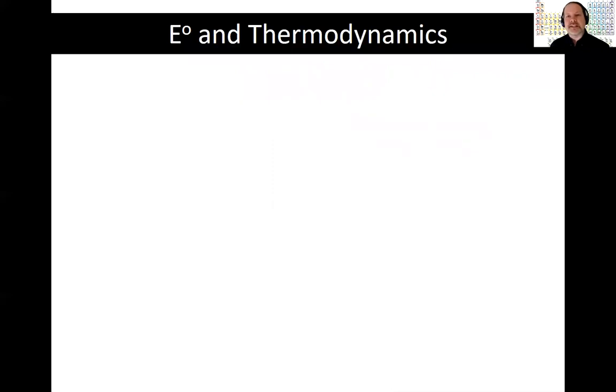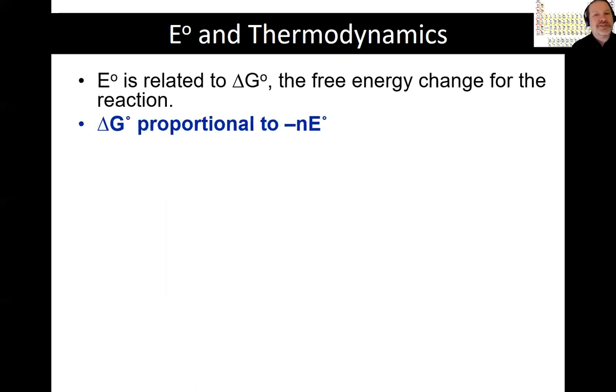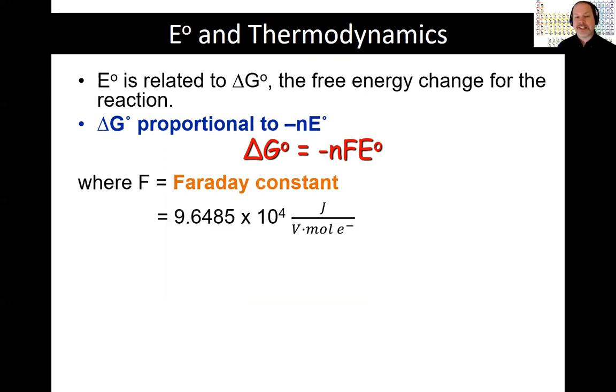So how does this cell voltage connect to thermodynamics? There is a simple mathematical relationship between the cell voltage and Gibbs free energy. It's proportional to the number of electrons being transferred and this voltage here. The mathematical expression that relates these two thermodynamic ideas is that the Gibbs free energy is equal to minus n, the number of electrons being transferred, times F, which is Faraday's constant, times the cell voltage.